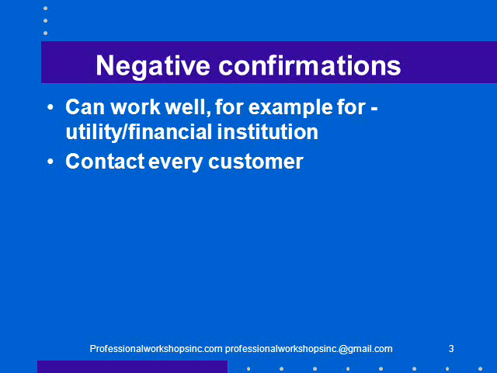Negative confirmations, let's talk about those first because those can actually work quite well. If you're dealing with a utility or a financial institution, you're contacting every customer and asking whether there's a problem.